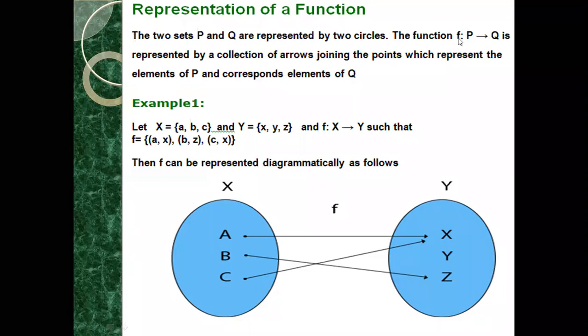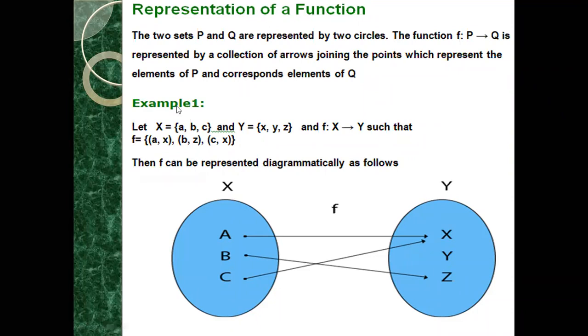The function f maps P to Q is represented by a collection of arrows joining the points which represent the elements of P and corresponding elements of Q. So here P and Q are two sets, and we represent these given sets by circles. The function f maps P to Q, we represent with arrows, a collection of arrows joining the points which represent the elements of domain and the corresponding elements of codomain.